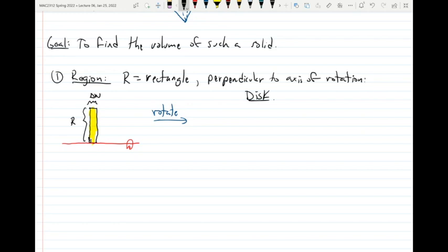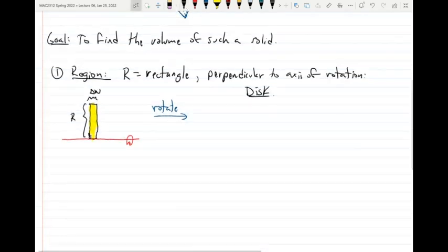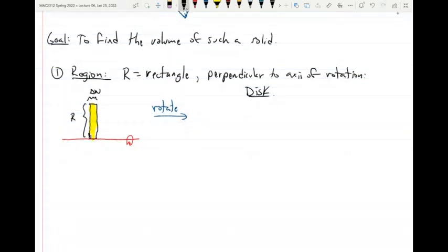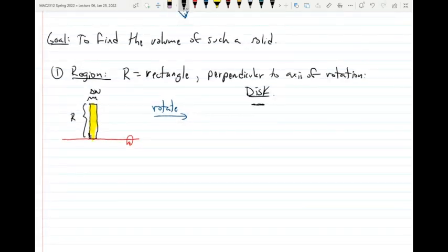So what I'm about to describe to you is how to find volume using the disk method, okay? But you will see why it's called that. So we obtain a disk. Then I'm going to come all the way down here, and we have this.